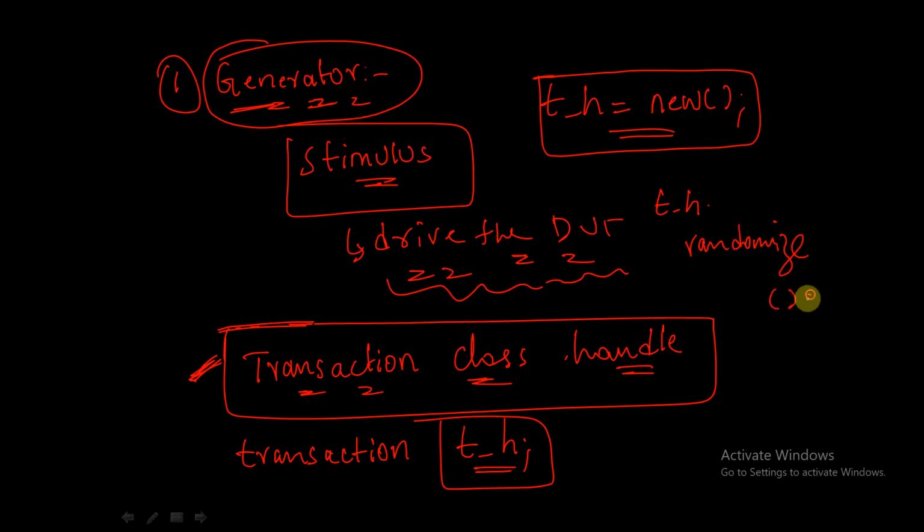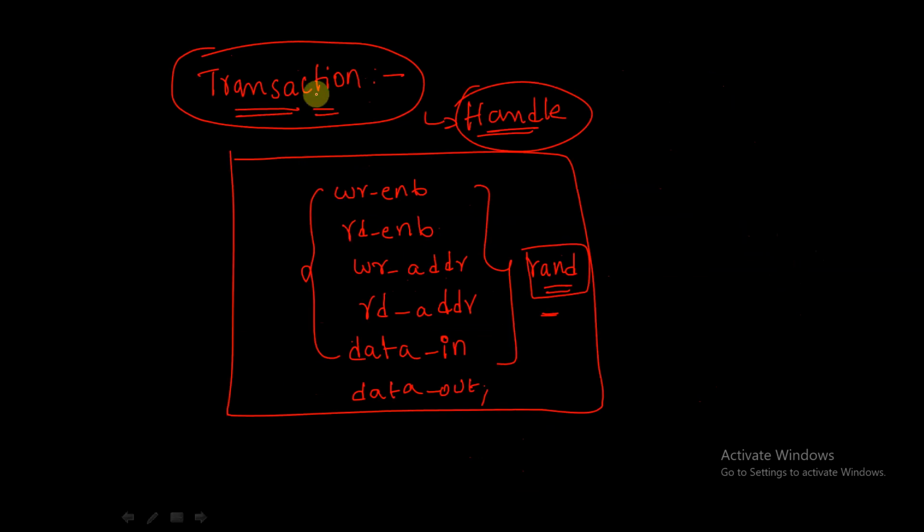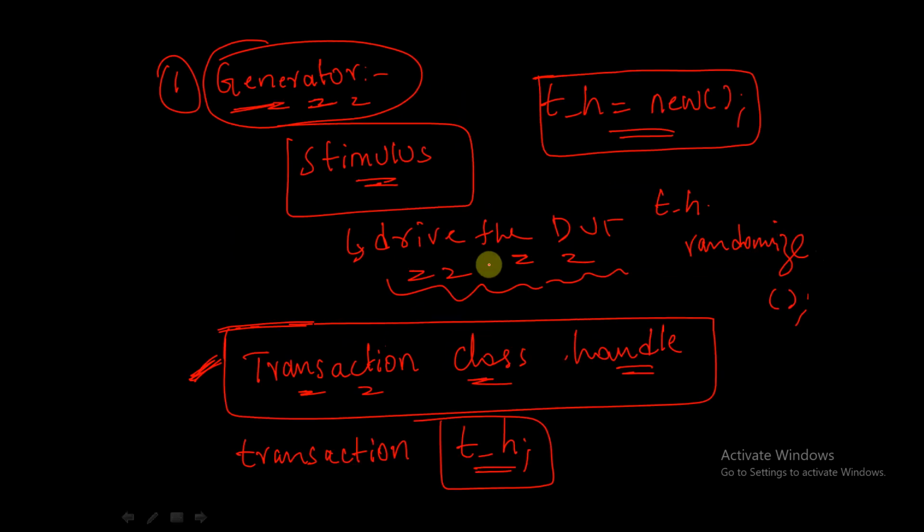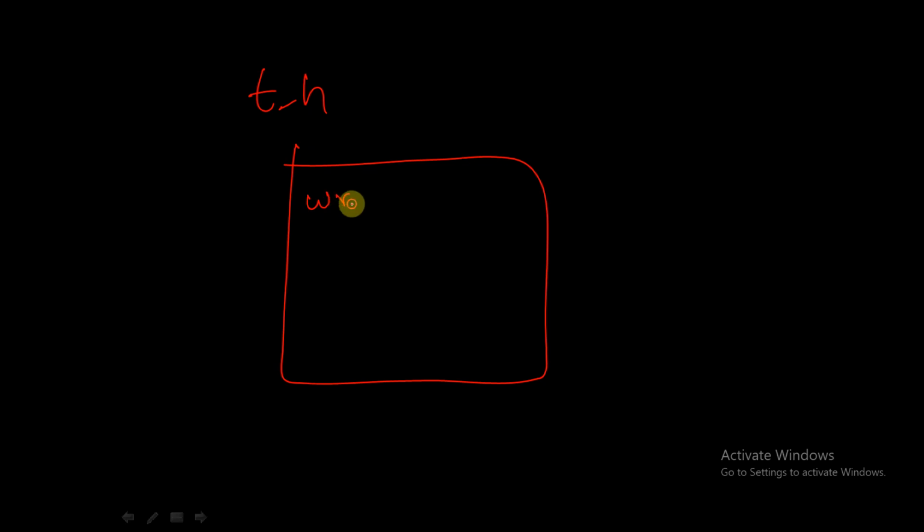So what is going to happen? The variables declared inside the transaction class will be randomized, and this t_h object will have random values of write enable, read enable, write address, read address, and data in.